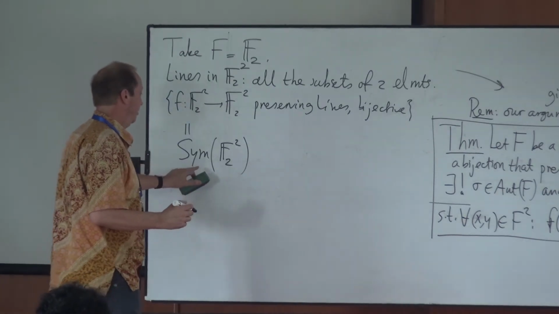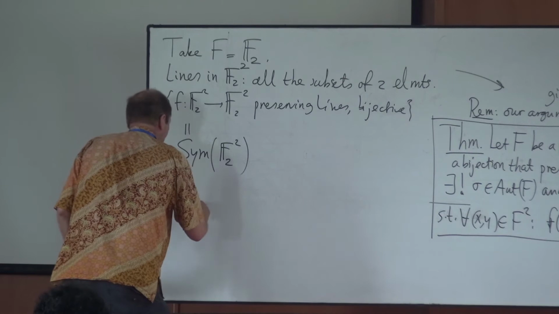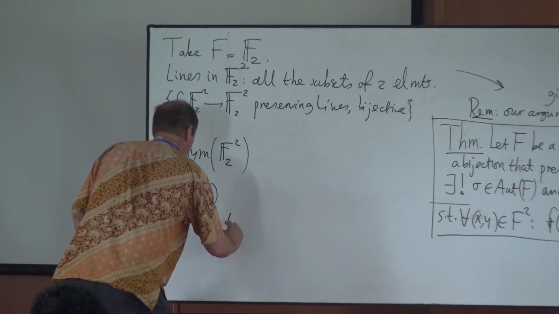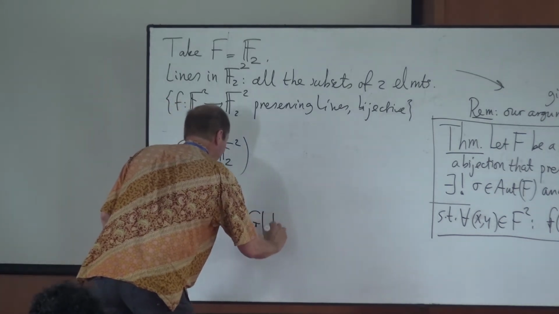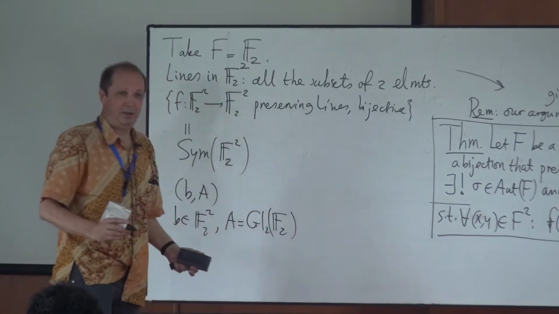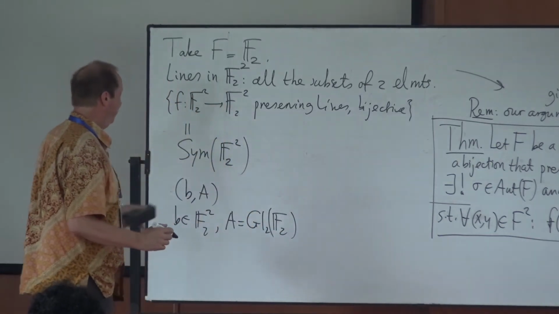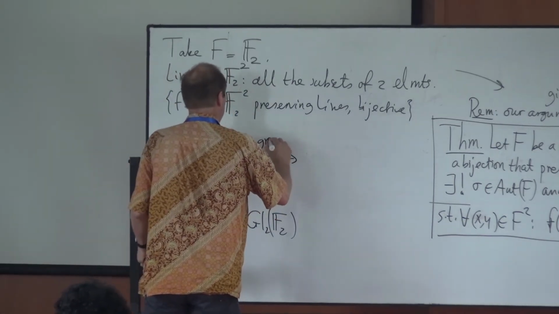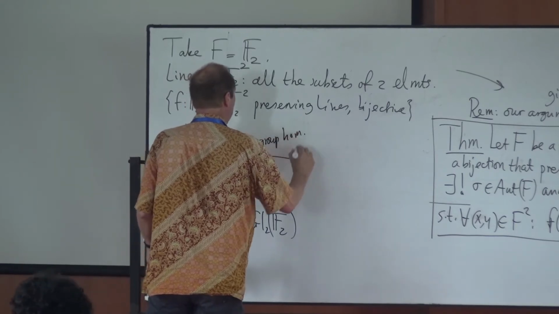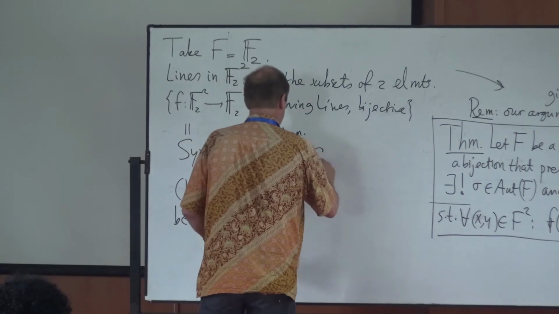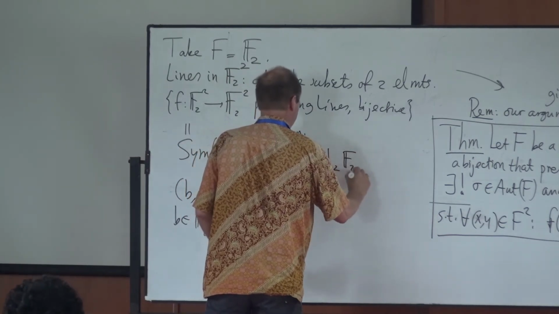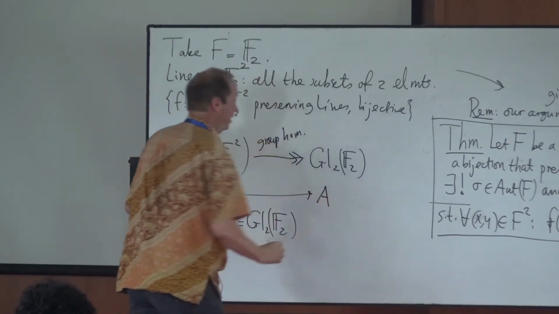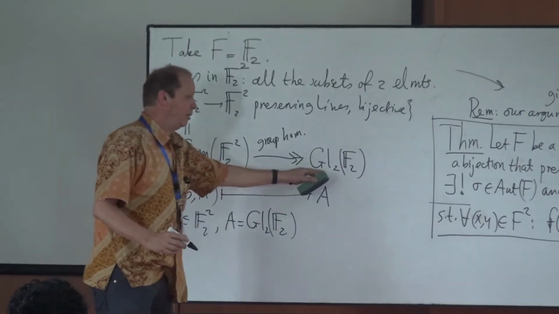This is the group with 24 elements. So this now gives a surjective group homomorphism to the GL2 of F2, because you send (B, A) to A. And this group, how many elements does it have?